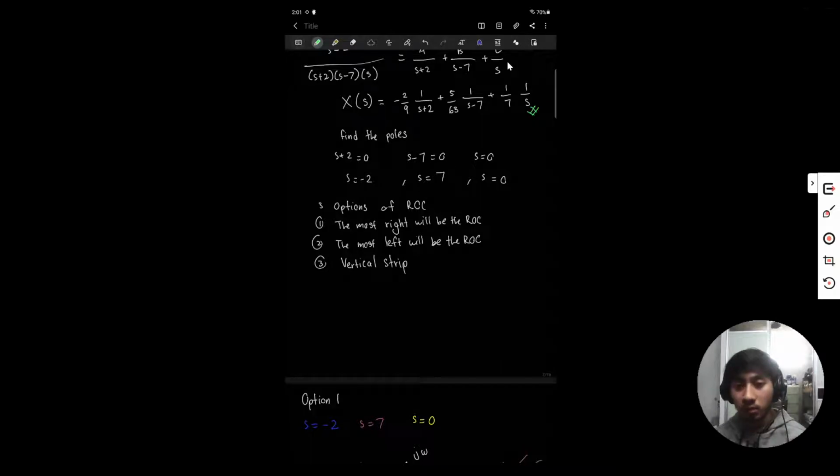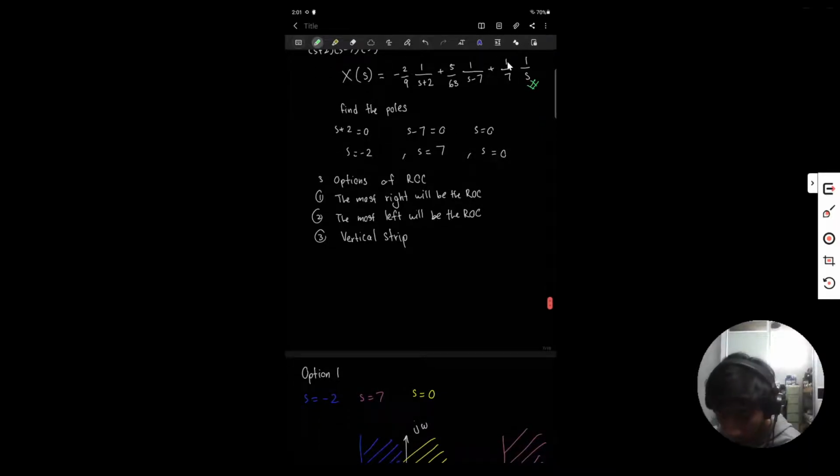To use rightmost, all of the poles should be on the right side. For leftmost, all of the poles will go to the left side.